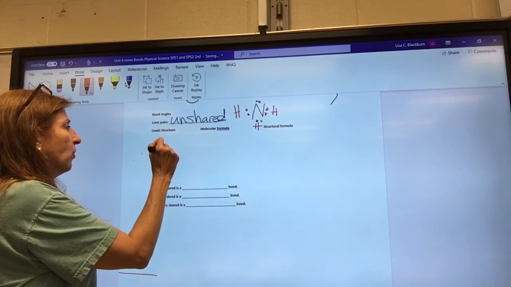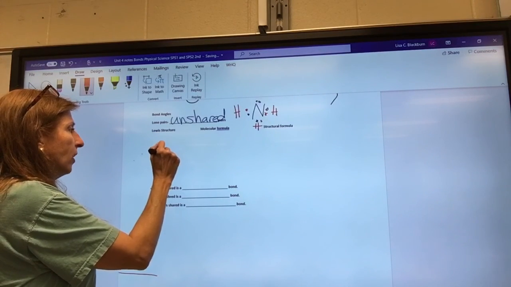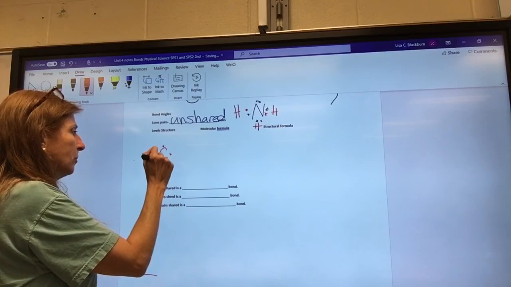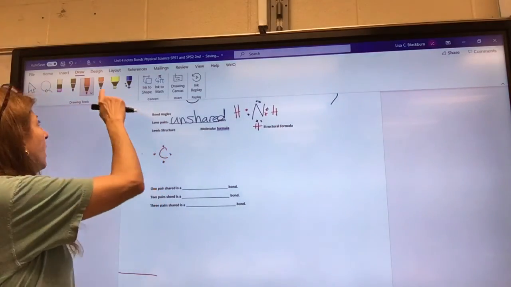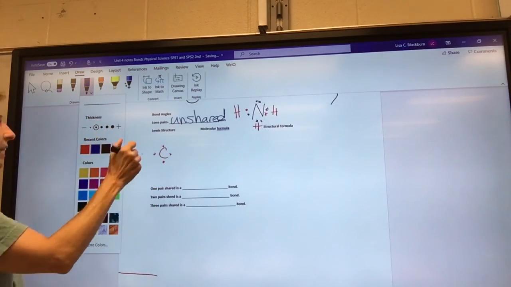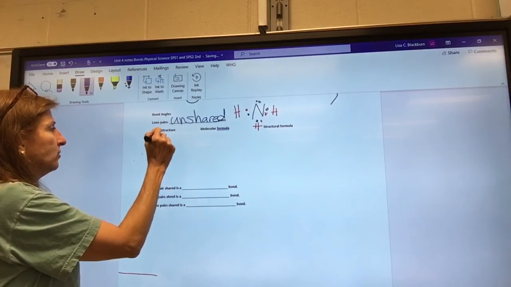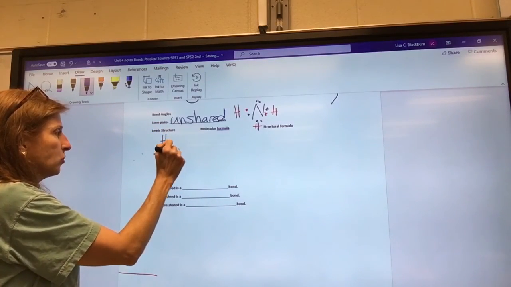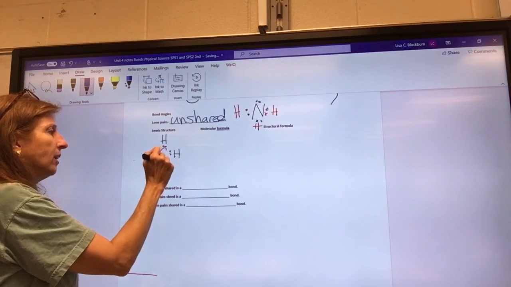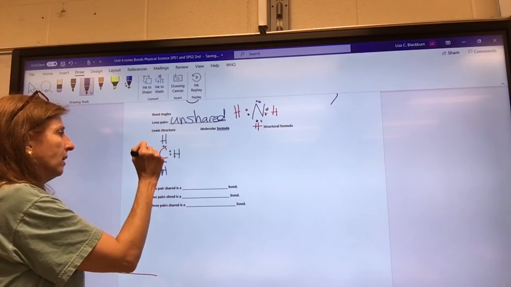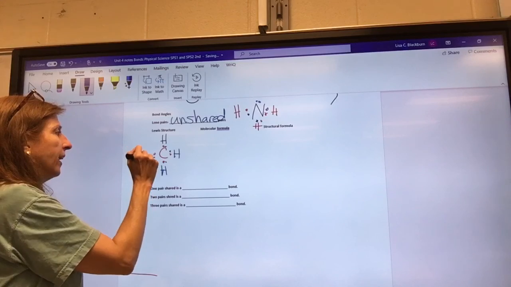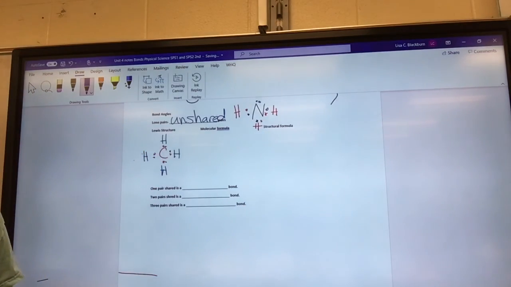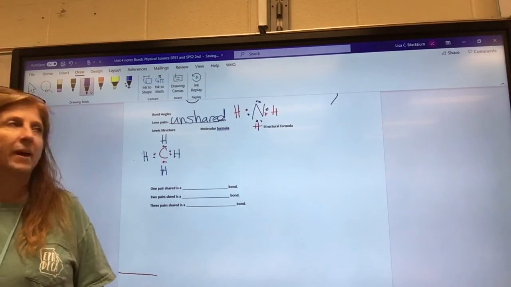You do its 4 dots for its 4 bonds. Remember, carbon's 4 over, it gets 4 dots. And then around it, you put 4 hydrogens. Each hydrogen contributes its 1 electron, and carbon contributes its 4, and it makes 4 bonds. So that is the Lewis structure of methane.